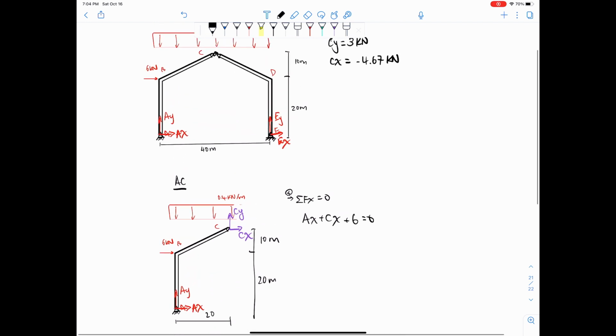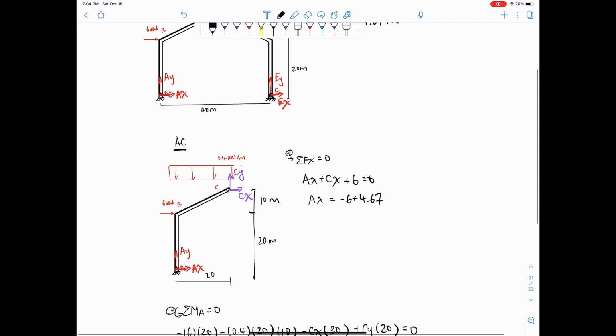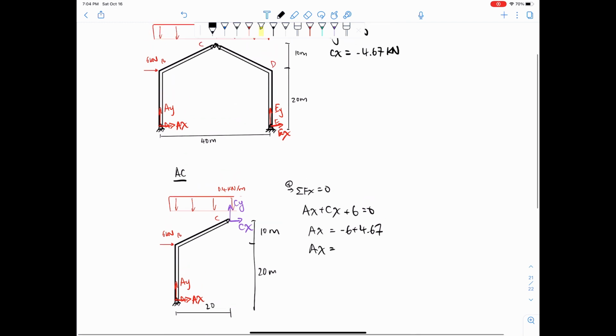So then we have ax equals negative 6 plus 4.67, or 4.67 minus 6. That gives ax equals negative 1.33 kilonewtons.